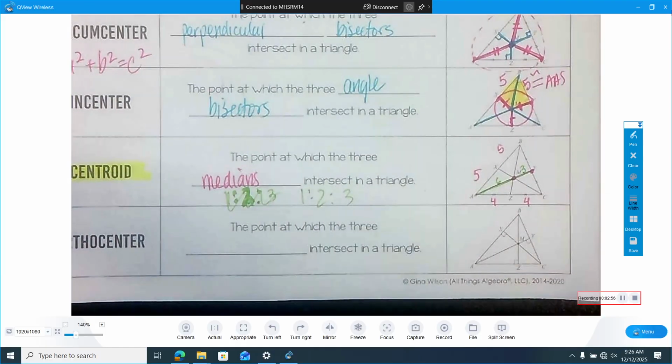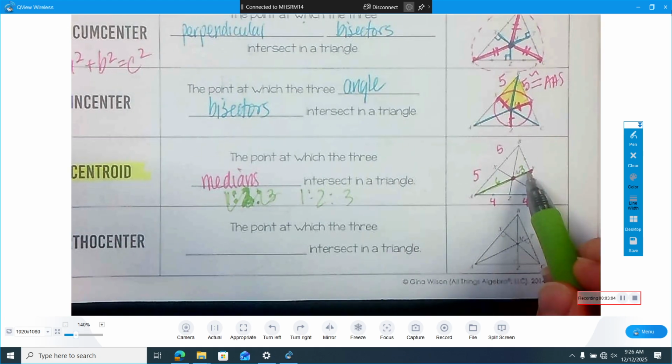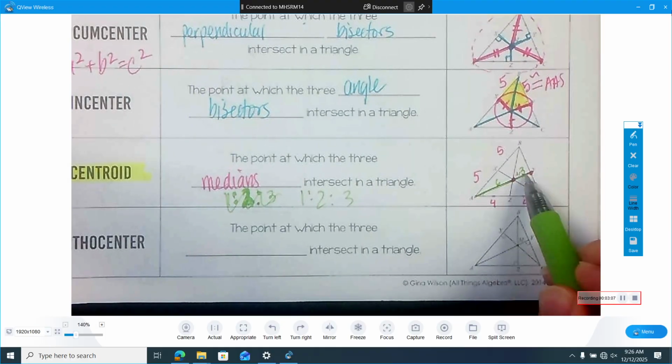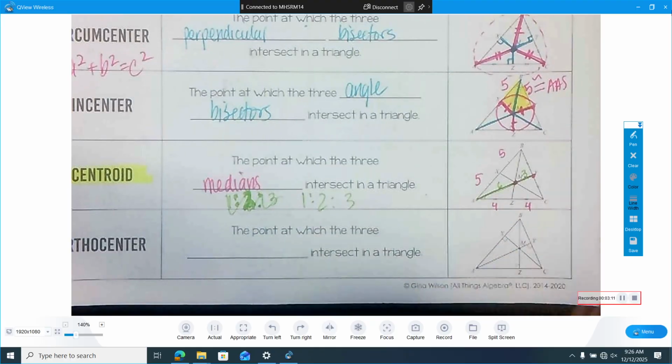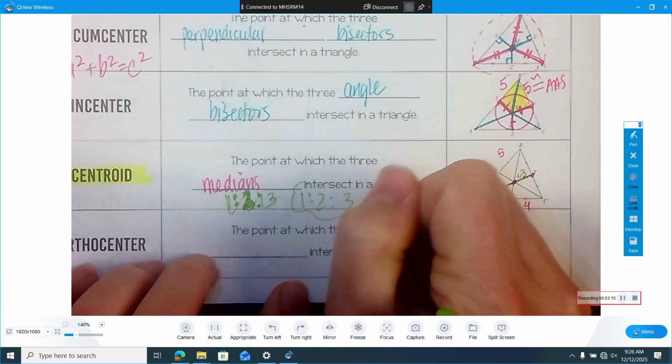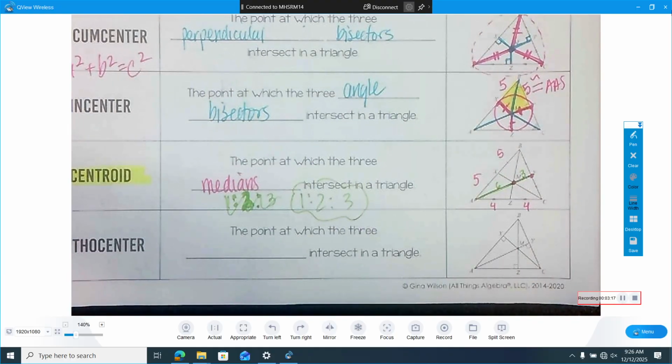And the whole thing is 9. 3, 6, 9. 1, 2, 3 ratio. Or if we have the small part and we want the whole entire thing, we just multiply it by 3. And so 3 times 3 is also the total of 9. Okay, so that is that 1, 2, 3 ratio we talked about, which turned out to be super easy as well.